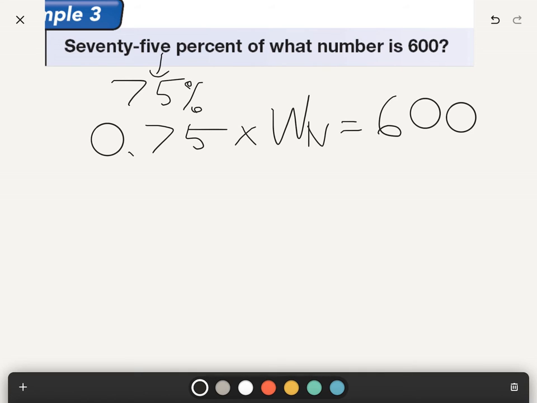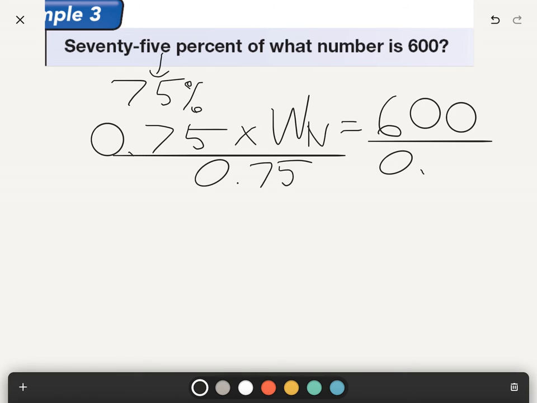And then we just need to divide each one by that.